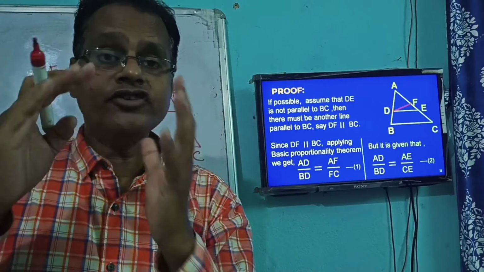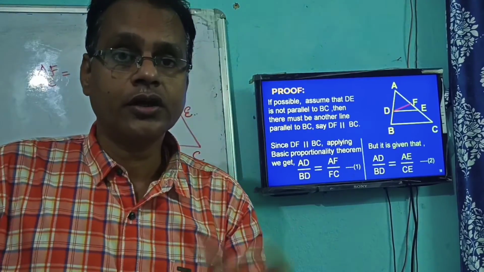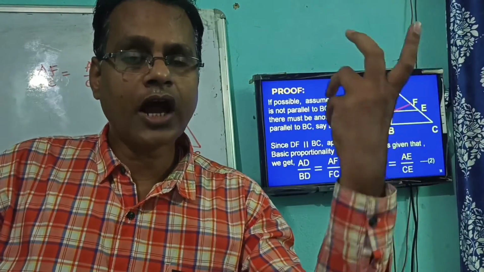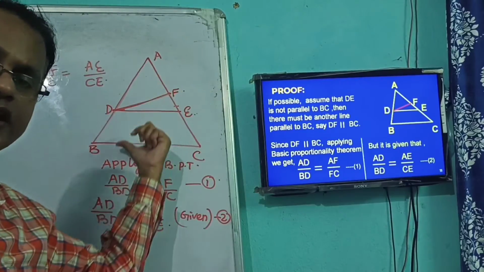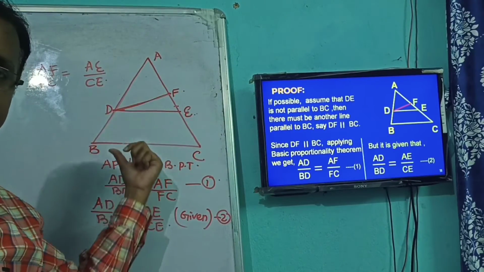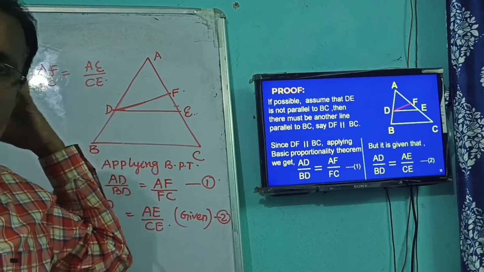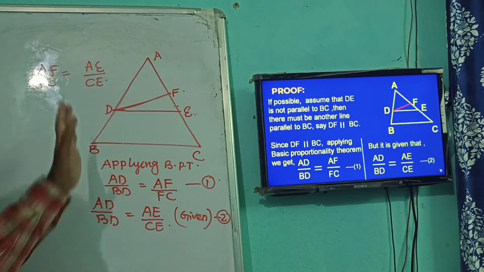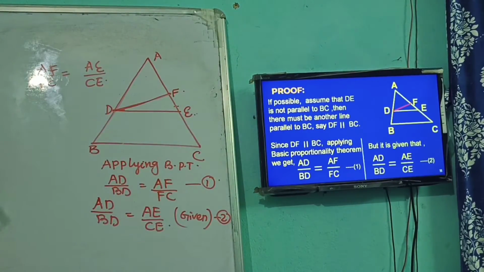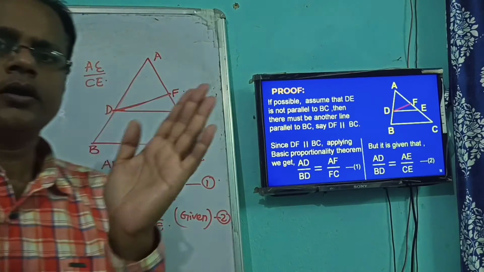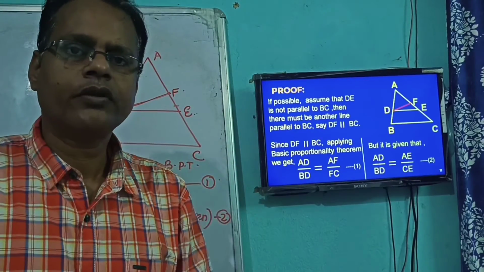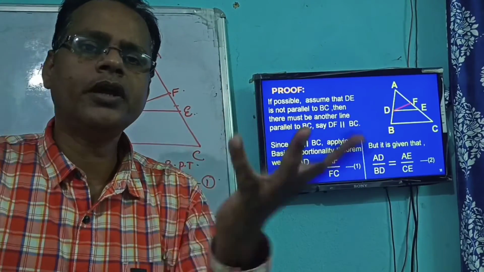Then I am telling you the contradiction proof. First we are assuming something. To justify your assumption, now we are in the second step, that is we are doing certain mathematical calculation. Now, one of the Euclid axioms: when equals are added to equals, then the wholes will also be equal.